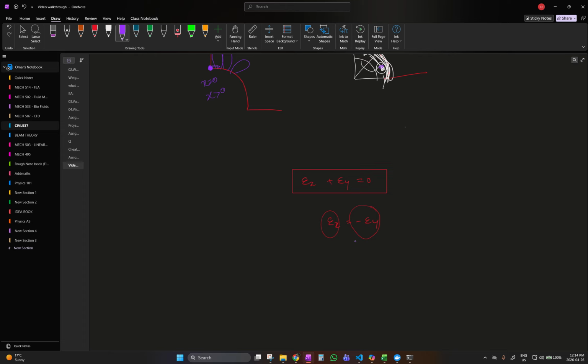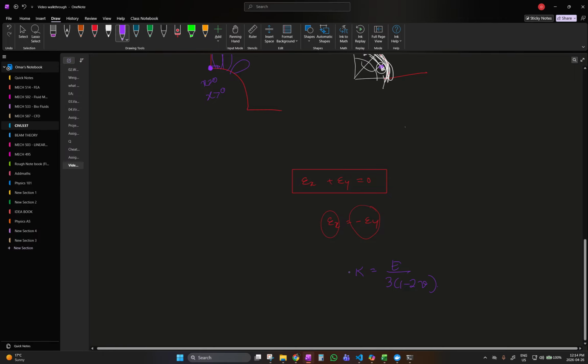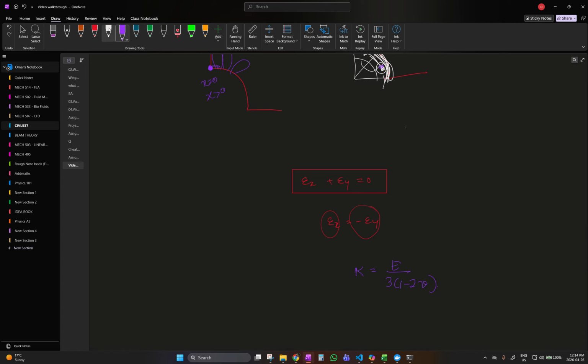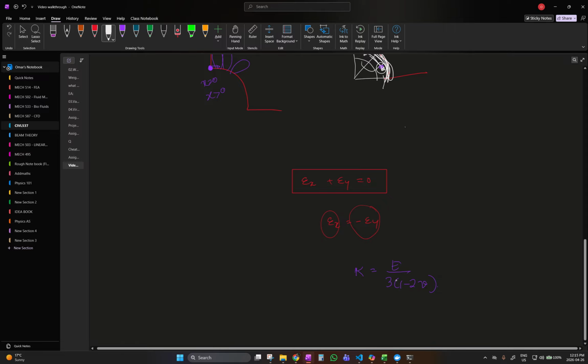Mathematically, K equals E over 3 times (1 minus 2 Poisson's ratio). This is the bulk modulus. The bulk modulus is the quantity you want to look at, rather than the elastic constant, the modulus of elasticity.